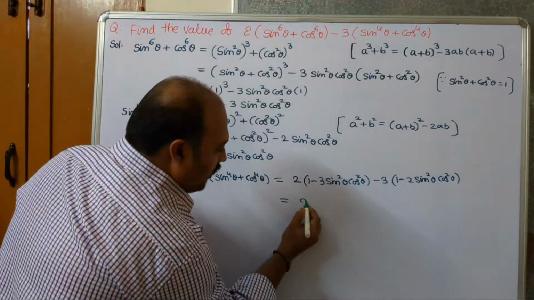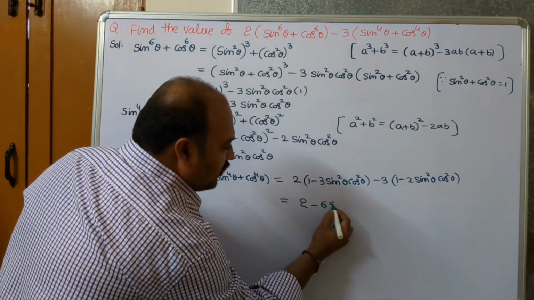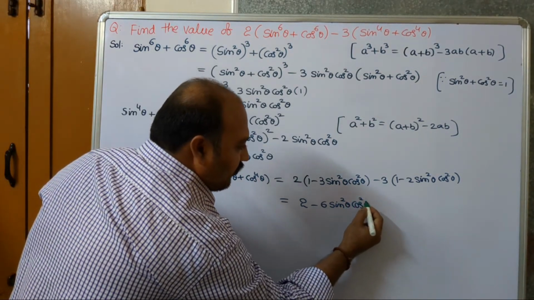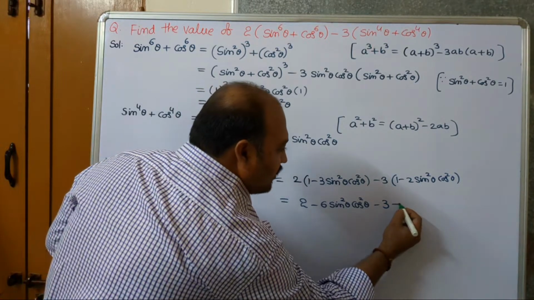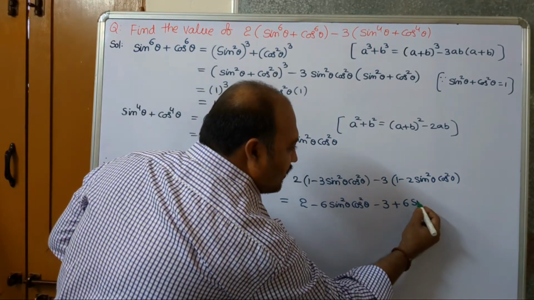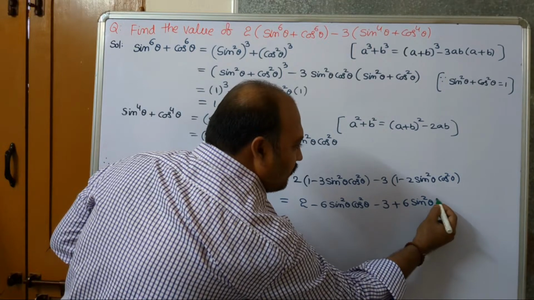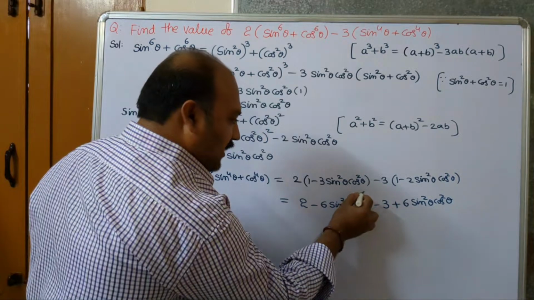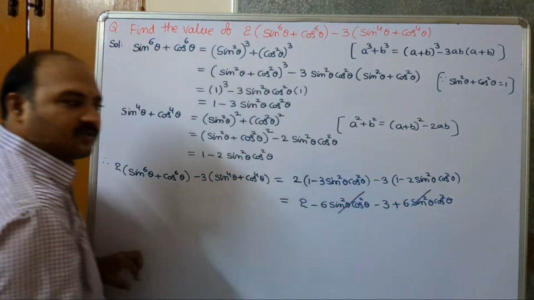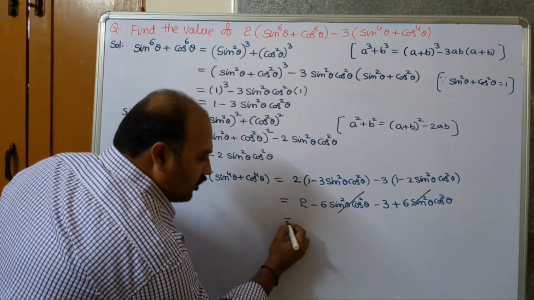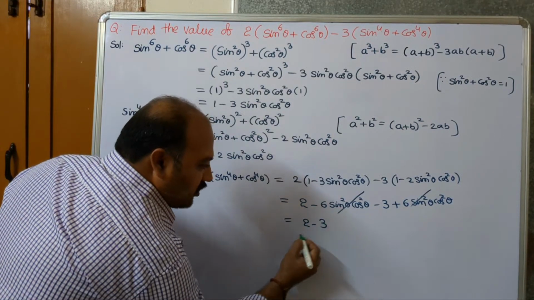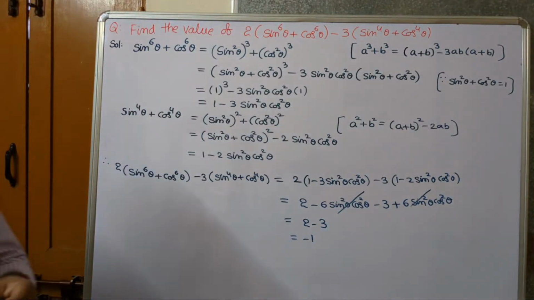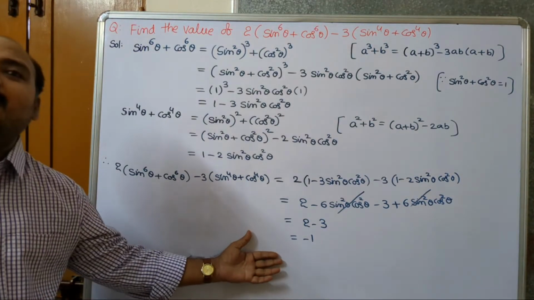So 2 into 1 minus 6 sin square theta cos square theta, minus 3, minus into minus plus 6 sin square theta cos square theta. So minus 6 sin square theta cos square theta plus 6 sin square theta cos square theta cancel. 2 minus 3, which is equal to minus 1. So therefore the given question value is equal to minus 1.